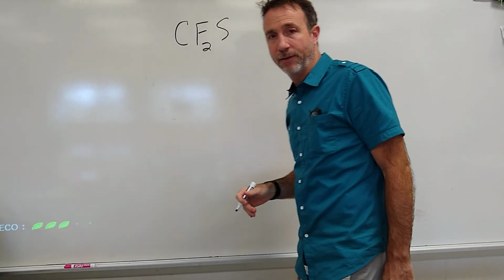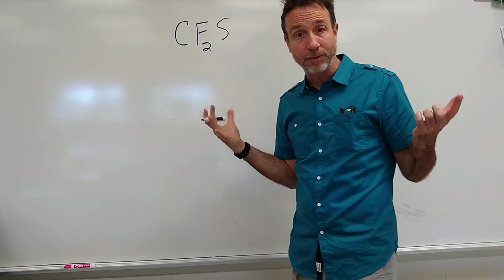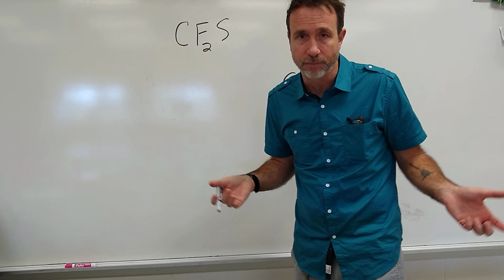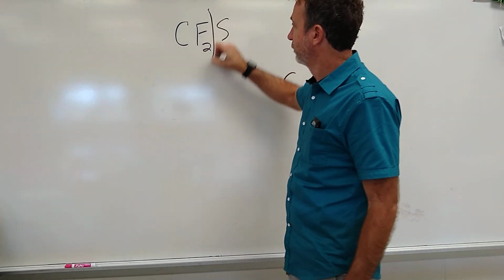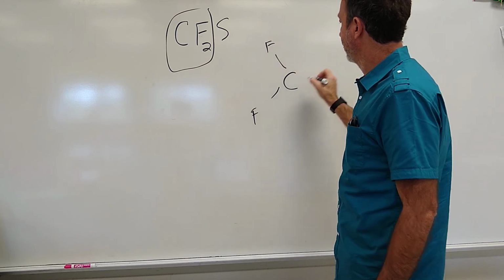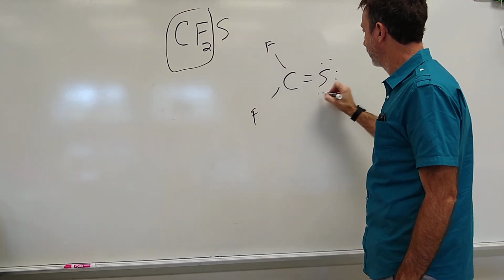First of all, which one of these is the biggest atom out of all these? Carbon. So carbon's going to be in the middle. Hint, hint, carbon's always in the middle. The F2 right here, bam, bam. I like that. And then that S needs 2. Everybody's happy. 1, 2, 3, 4, 5, 6.